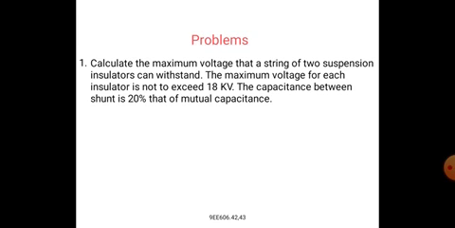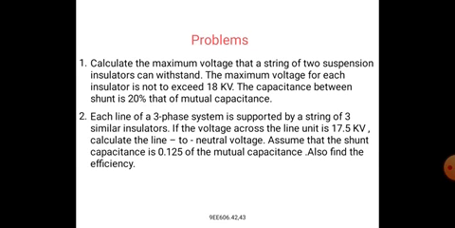The capacitance between shunt and mutual is 20 percent, that is 20 by 100, equal to 0.2. So here we have to find the value of the maximum voltage.